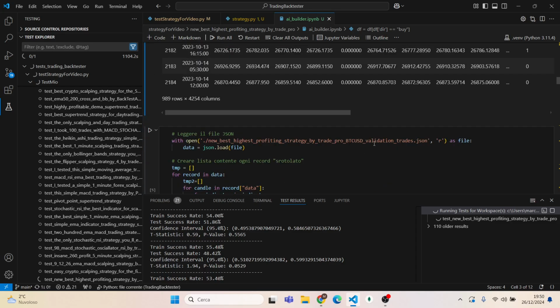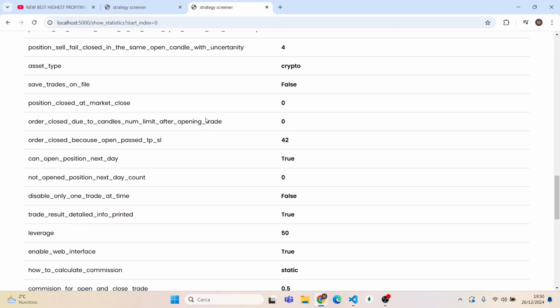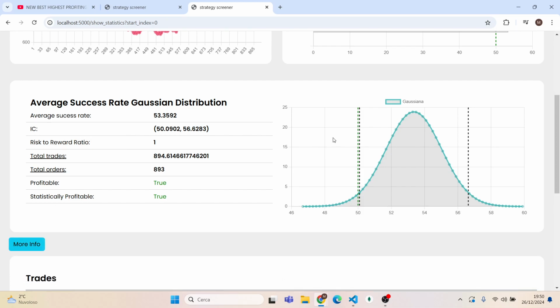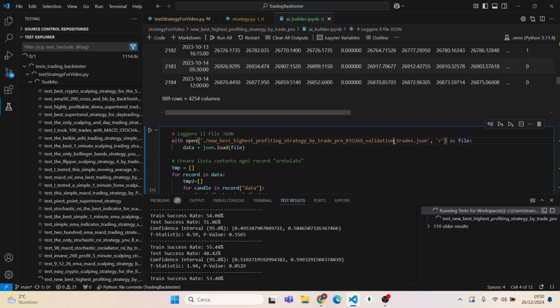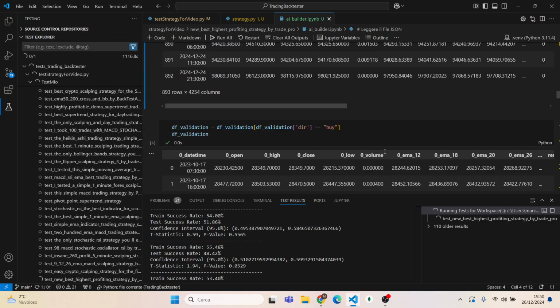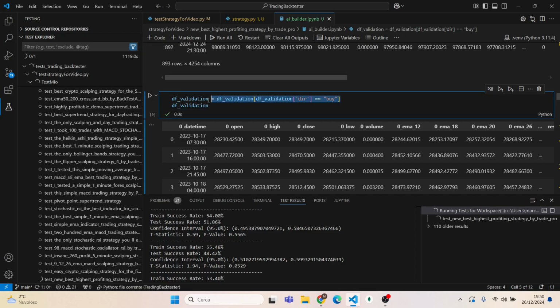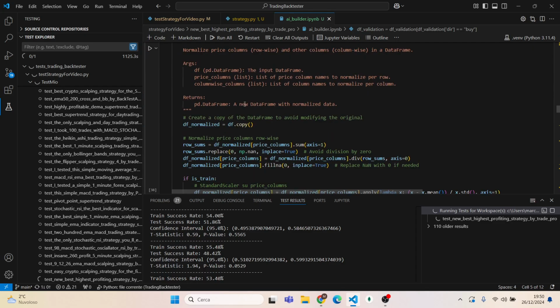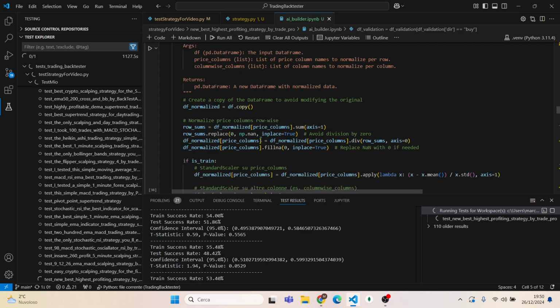Then I'm loading the validation trades that will be the test dataset. It is the test dataset, but now it's called the validation dataset because, after I filtered the validation dataset for only buy trades, I will split the whole train dataset into train and test.